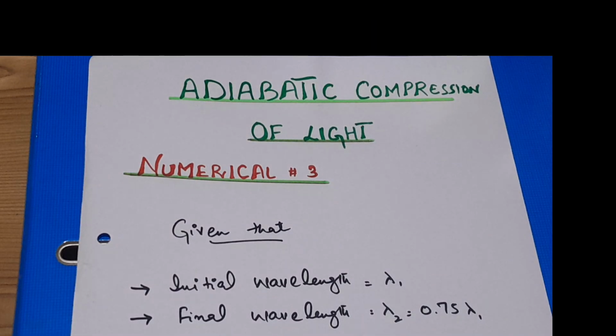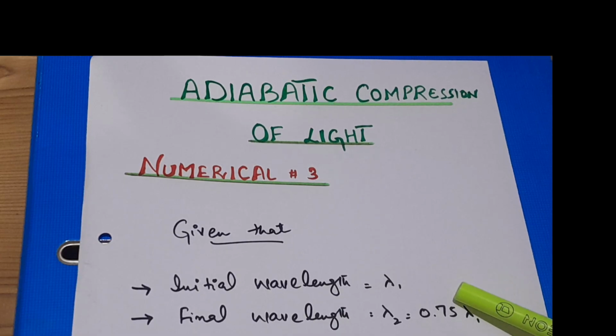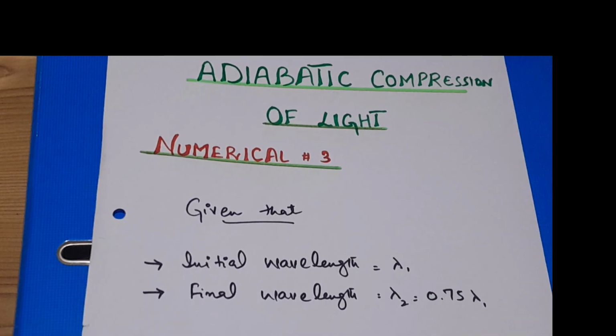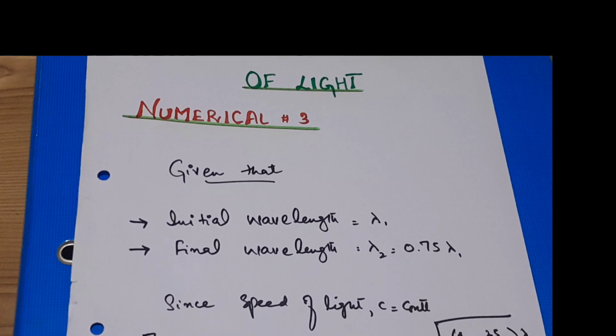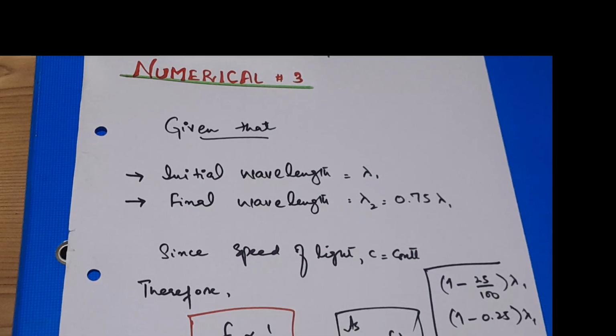Now let's denote the initial wavelength by lambda 1 and the final wavelength by lambda 2, which is 0.75 times lambda 1. A 25% decrease in wavelength means the new wavelength is 75% of the original wavelength.